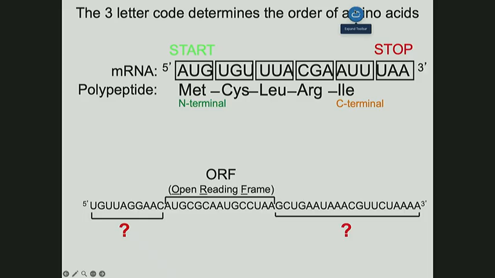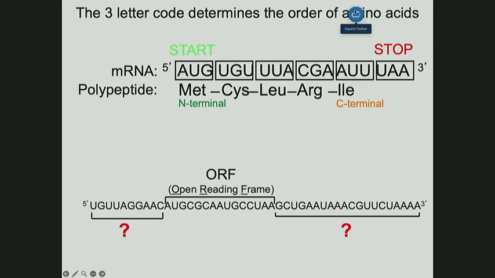So all this sequence that is before this start codon, what do we call that sequence? The part before translation has started. The 5' UTR, the 5' untranslated region, because you don't start translation until you find that first start codon.